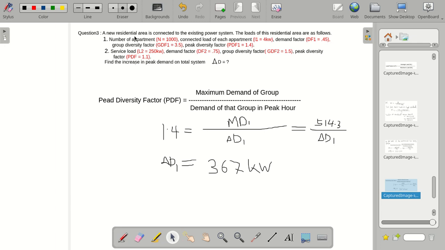When we calculate delta D for the service load, that will be delta D2, and the summation of these two delta D should be the actual increase in peak demand on the total system. So 1.4 is equal to MD1 divided by delta D1. So delta D1 is equal to 514.3 divided by 1.4, which is 367 kilowatt.